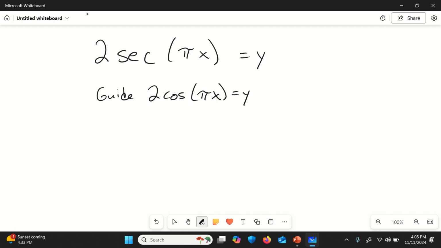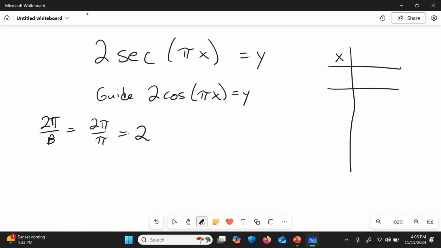To graph the 2 cosine of pi x, we have our period as 2 pi over b, where b in this example is the value pi, so we get 2 pi over pi, which is a period of 2. Then we want to build our table of x values with 5 rows, and we'll evaluate what x times pi is.